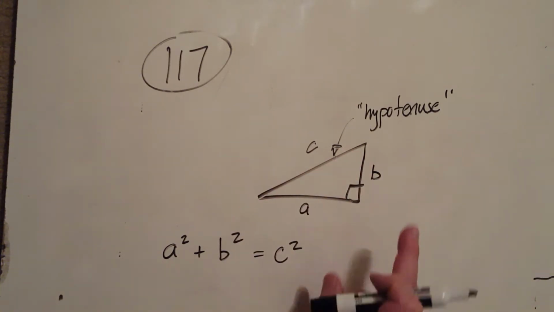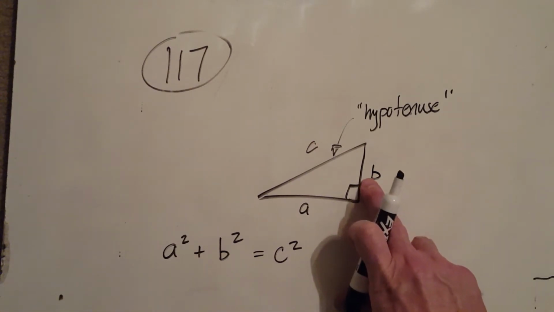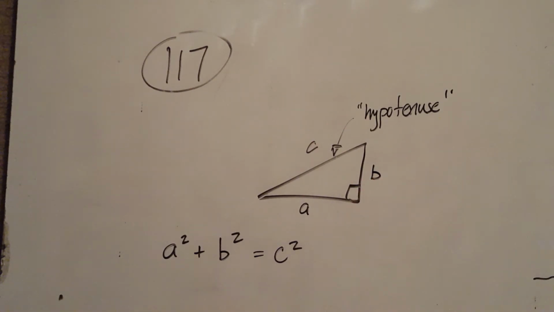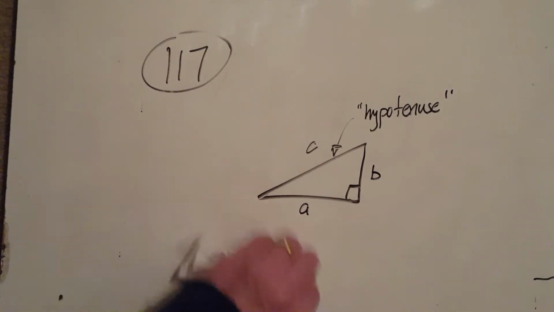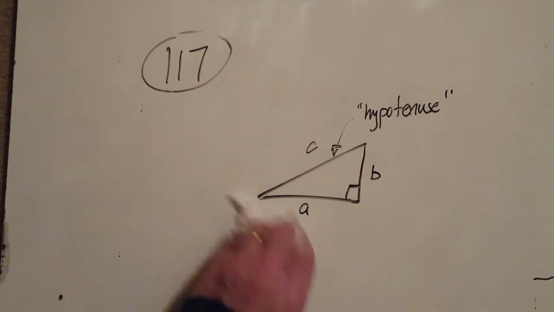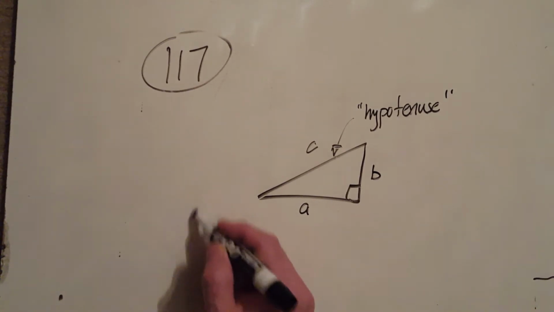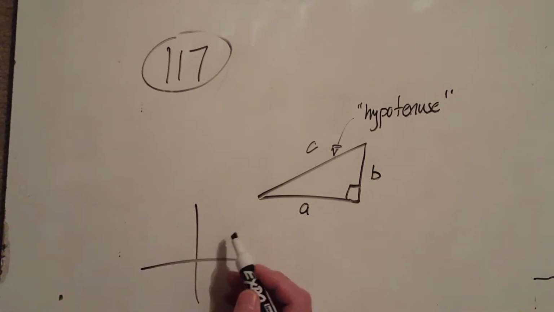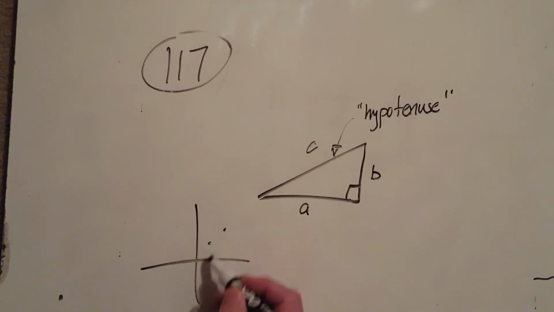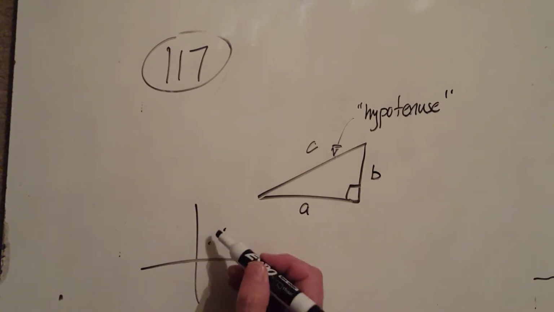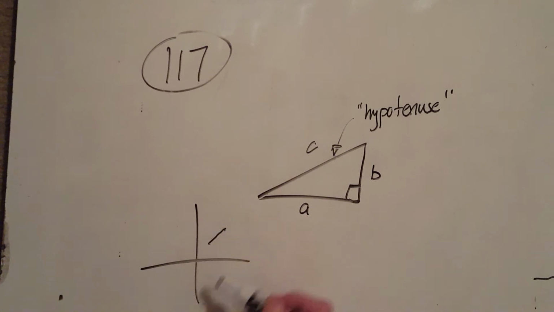Now, this is a particularly important equation in mathematics because it's the way that you figure out distance, right? It's the way that you figure out the distance between 2 points. So if you think about it, let's say you've got your Cartesian coordinate plane, and you've got these 2 points here and here, and you want to figure out how far it is from that point to that point.